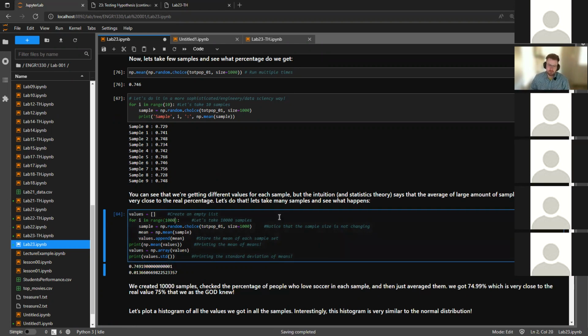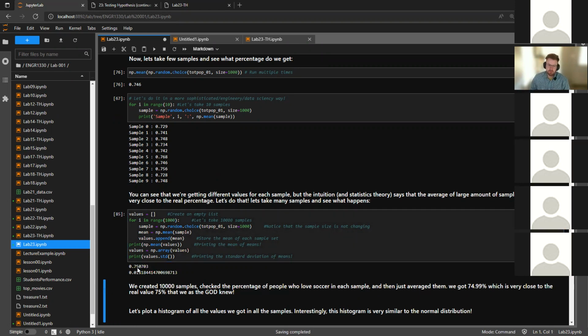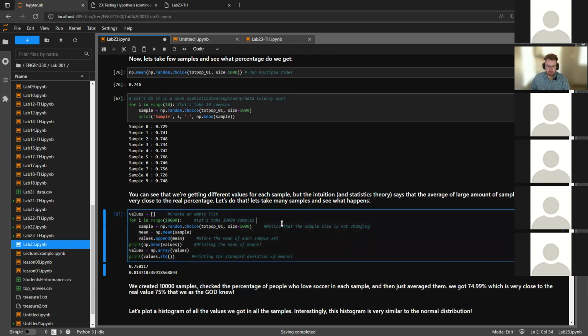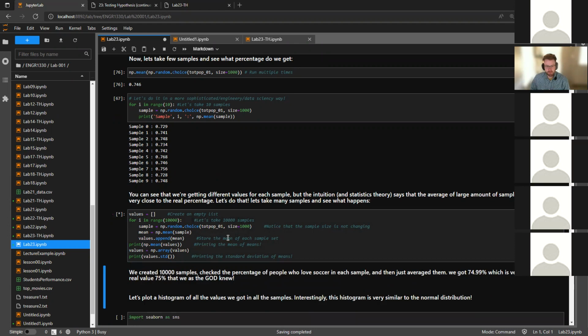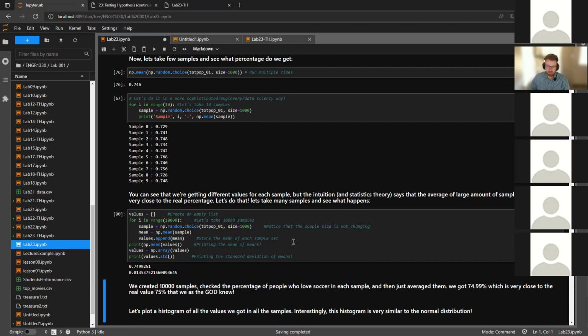So let's do 1,000. 0.751, this is 75.1%, 74.9%, 75%. But if I crank it up to 10,000 like it was, we see that we really are just hovering around that 75%, which is the true ratio.